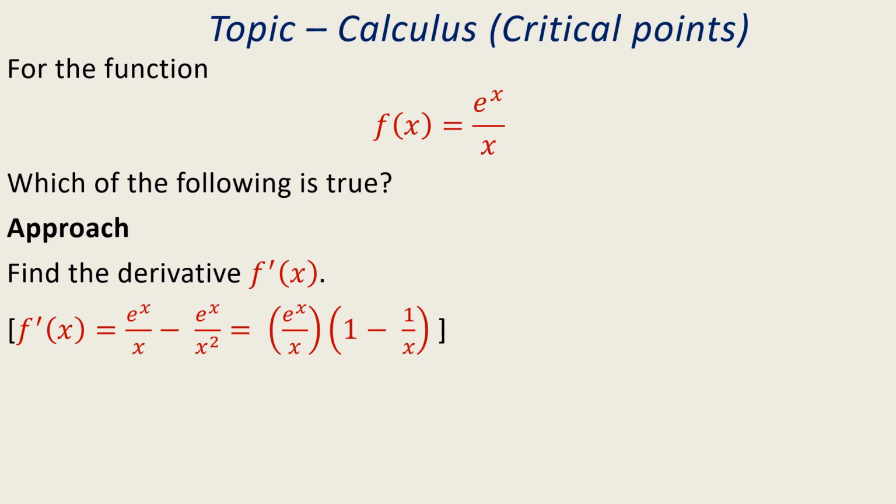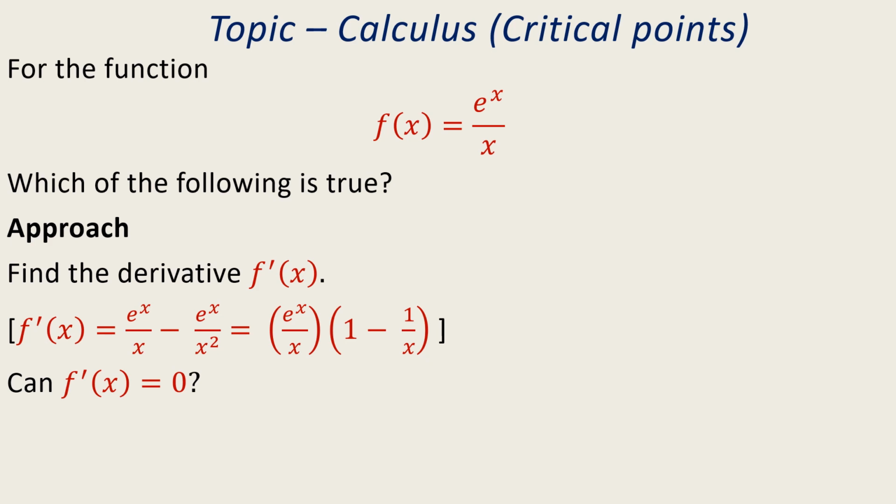If we look at that function, we then ask, is it possible for the first derivative function, e to the x divided by x multiplied by 1 minus 1 over x, to choose a value of x which makes that 0? We cannot make e to the power x divided by x equal to 0 because the exponential function is always positive.